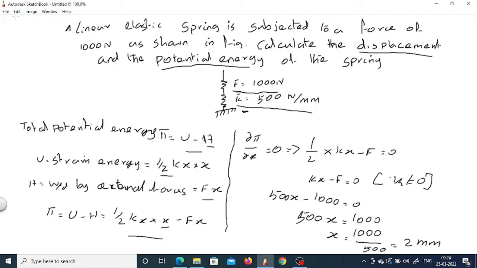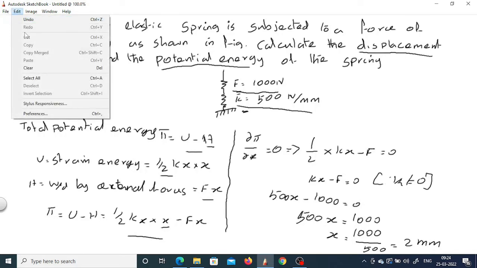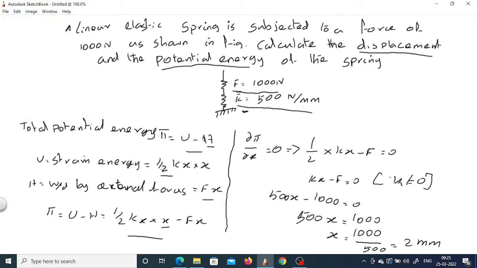I will erase the board and then move to the next step. We already know the total potential energy is U minus H, 1 by 2 kx square minus Fx, so in this equation we can substitute the x value. From this we can get the answer. What is the total potential energy? Let's see.